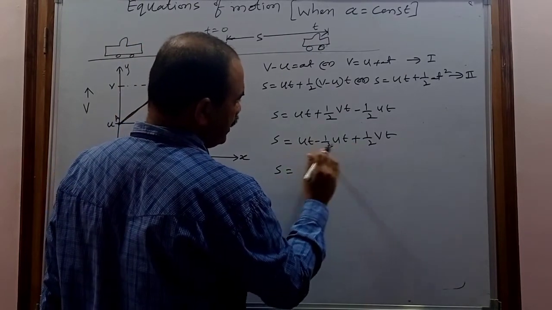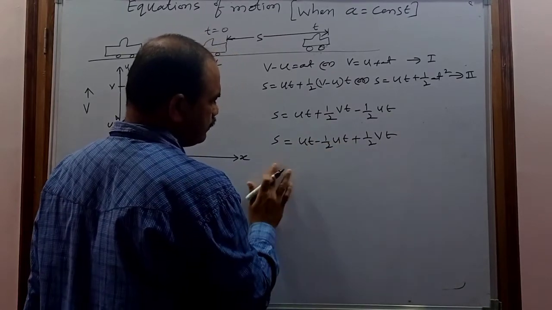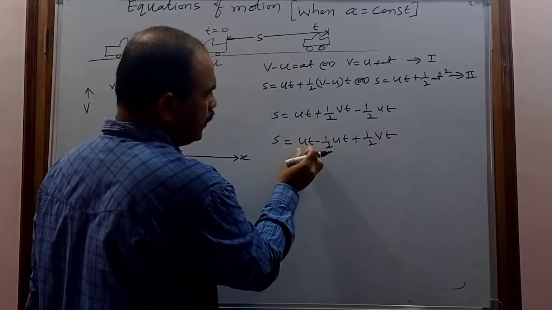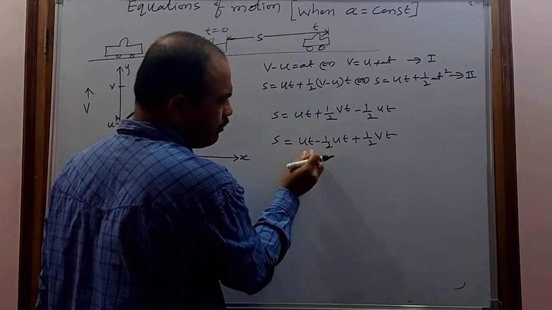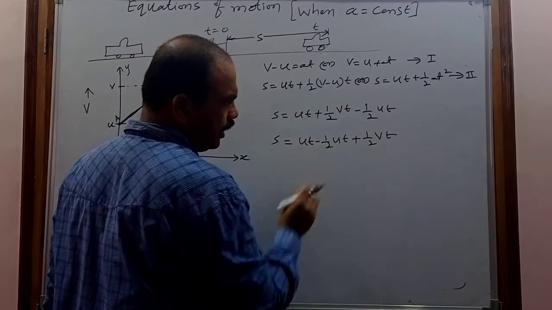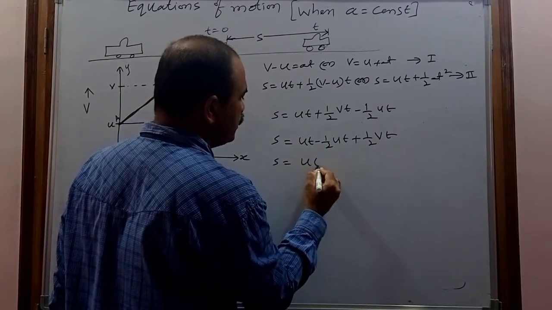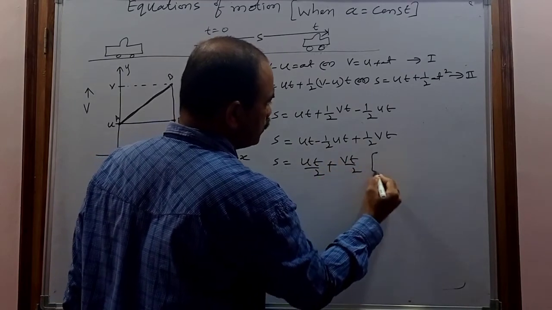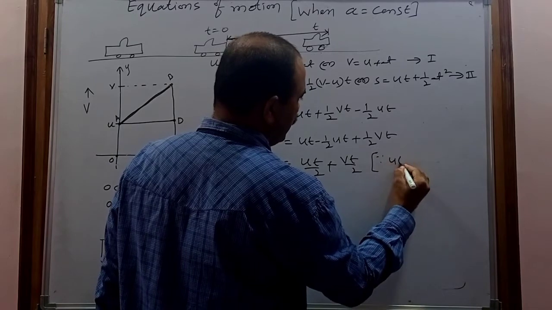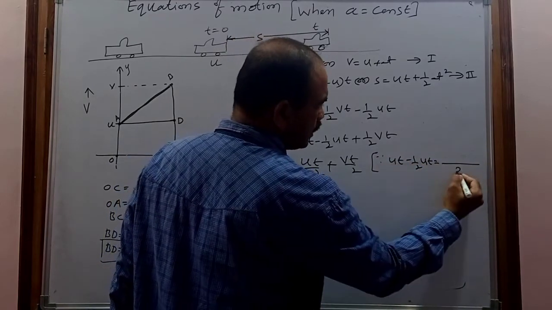here what is the LCM? Here we have ut minus 1 by 2 ut. When you do the LCM of ut minus 1 by 2 ut, you get ut by 2, plus what will be there here? Vt by 2. Because ut minus 1 by 2 ut, if you do the LCM, you get the 2.